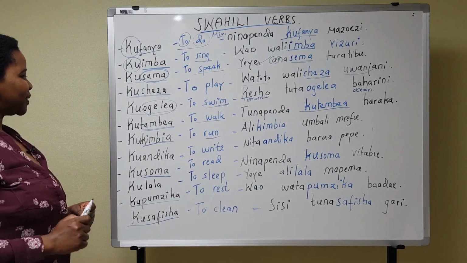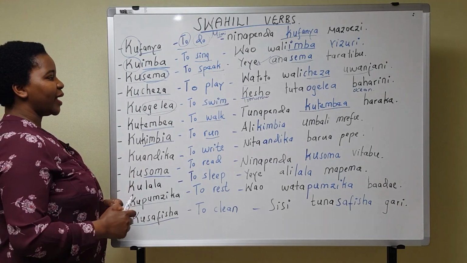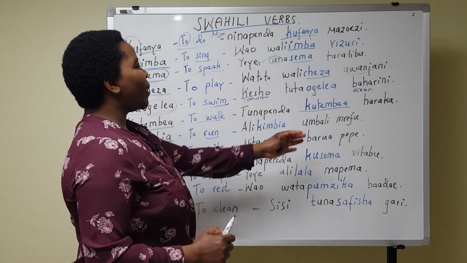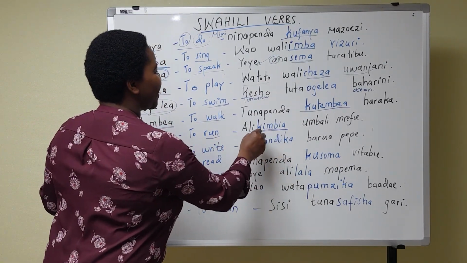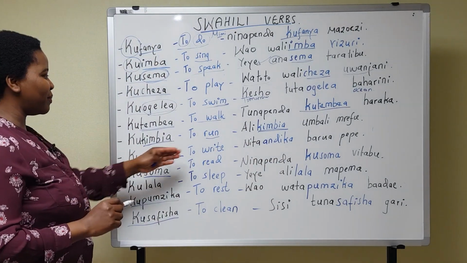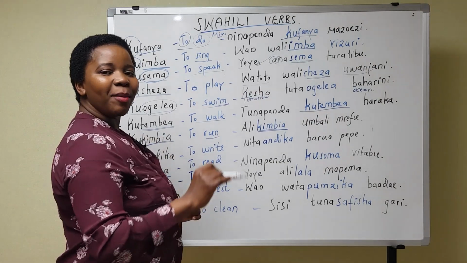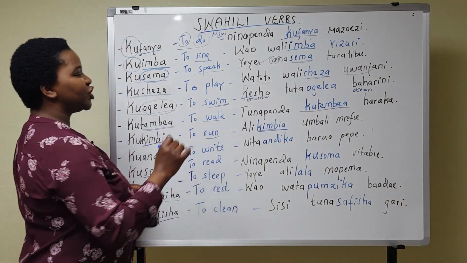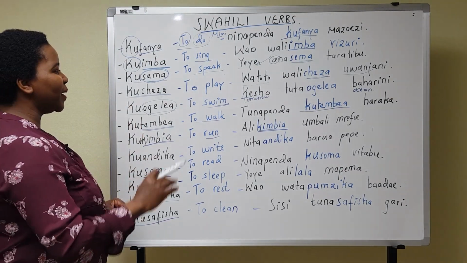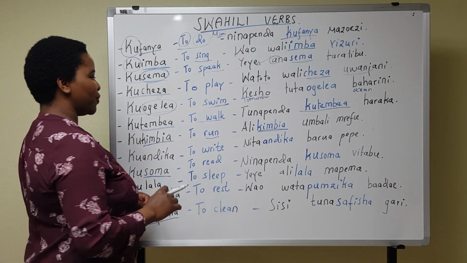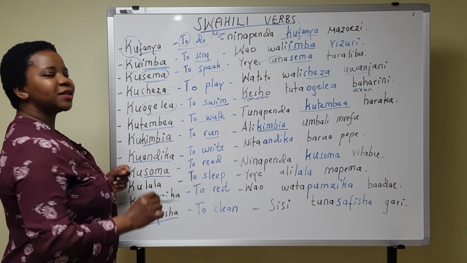Another example says kukimbia, to run. Alikimbia umbali mrefu. Alikimbia, kimbia. This is our verb root, kimbia, which is run. Alikimbia umbali mrefu. He or she ran very far. Another example says kuandika, which is to write.